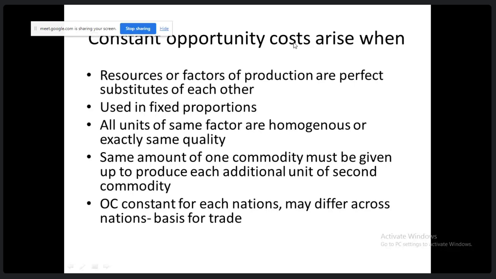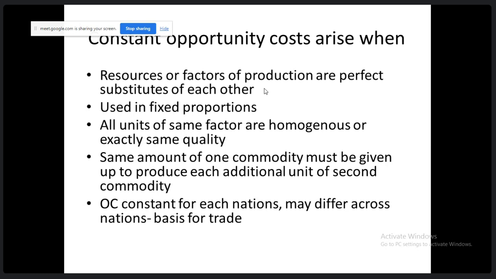So constant opportunity cost arises when the resources or factors of production are perfect substitutes of each other. Again remember, this is a hypothetical situation. Normally the costs are not constant, but here we are saying that the factors of production used in the production process are perfect substitutes of each other.